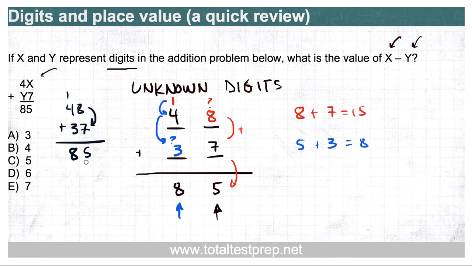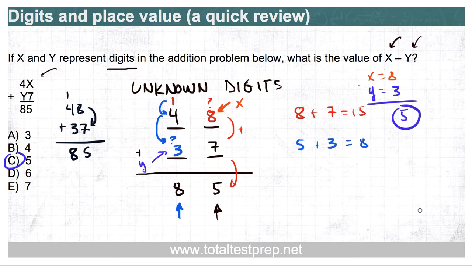So in this case, the x value is 8, and the y value equals 3. So x minus y is the difference of these two, or 5. Answer choice C.